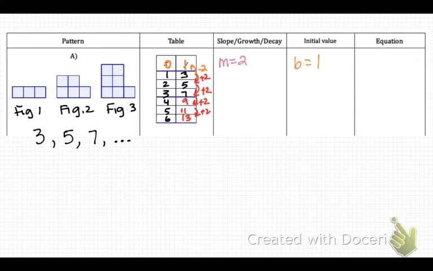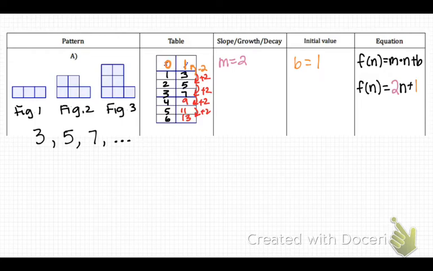Okay, I think so. And then my equation is m times n plus b, correct? That's my general explicit formula for arithmetic. So I have f of n equals m, which is 2, n stays the same, plus, and then b is 1.